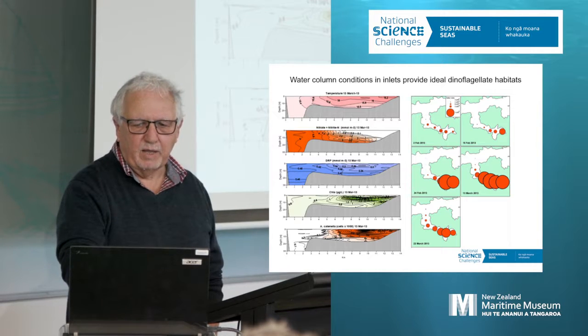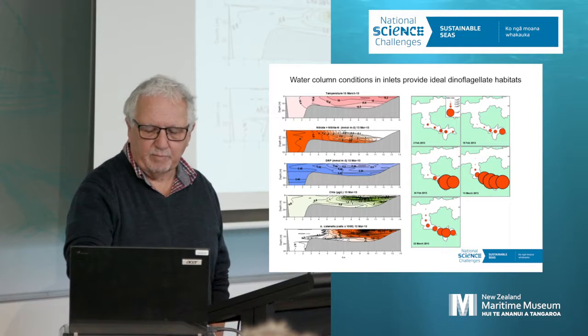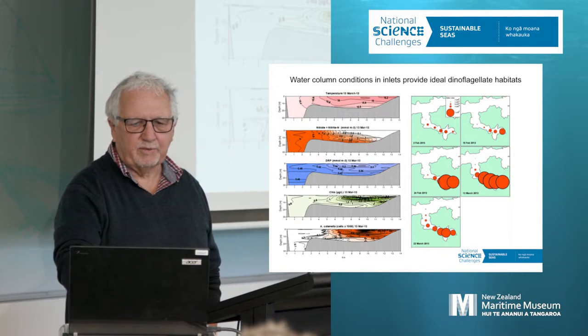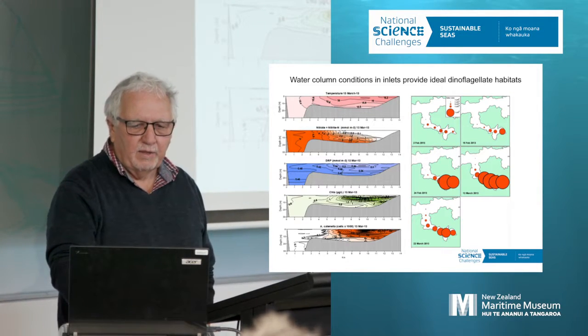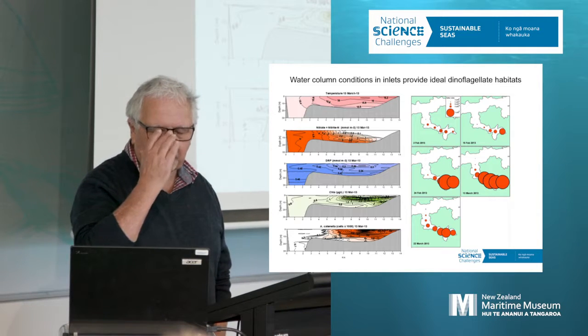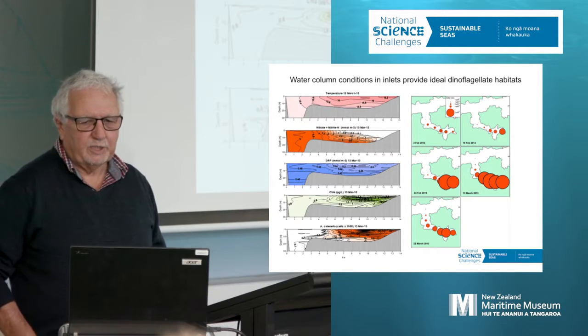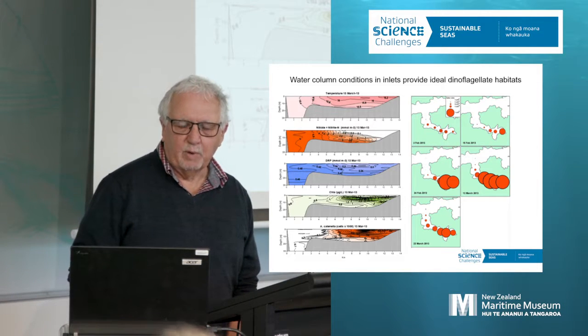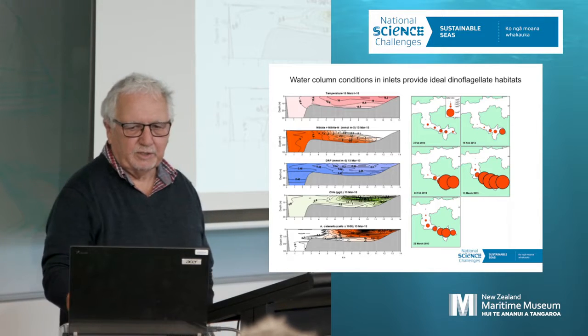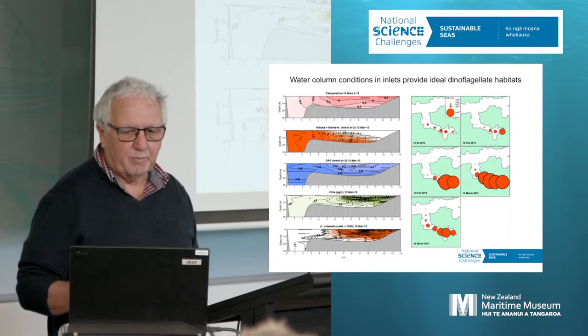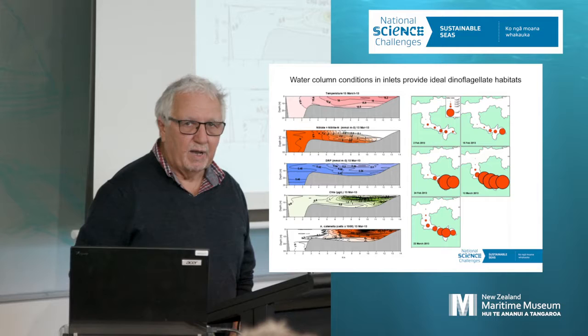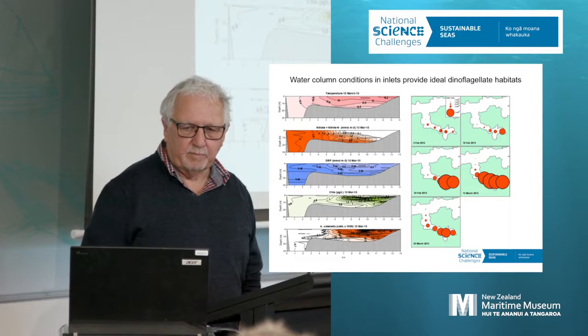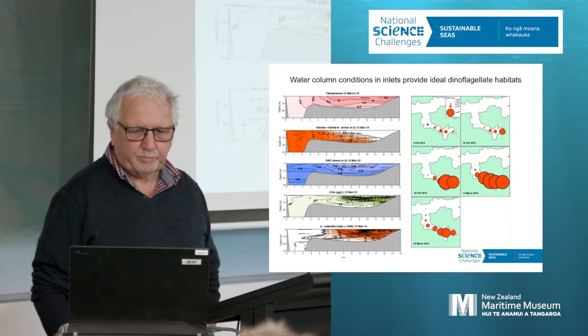During summer, the water temperatures increase in this area, and water column stratification develops. There's an interesting feature of Tory Channel in that it's a very turbulent area. It always has high nutrient concentrations because of the continuous upwelling of deep water from Cook Strait, ebbing and flowing through the channel.